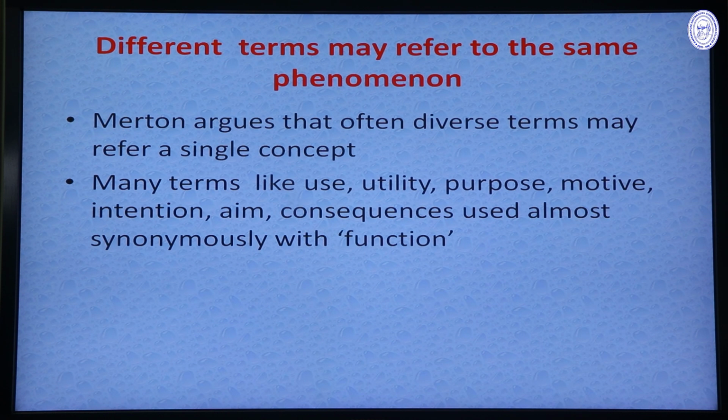Here again Robert Merton argues that often diverse terms may refer to a single concept. To designate a single concept we might have very diverse terms, say for instance use, utility, purpose, motive, intention, aim, consequences, used almost synonymously with function.